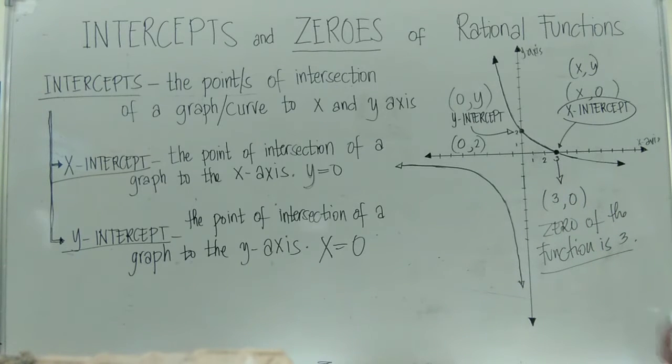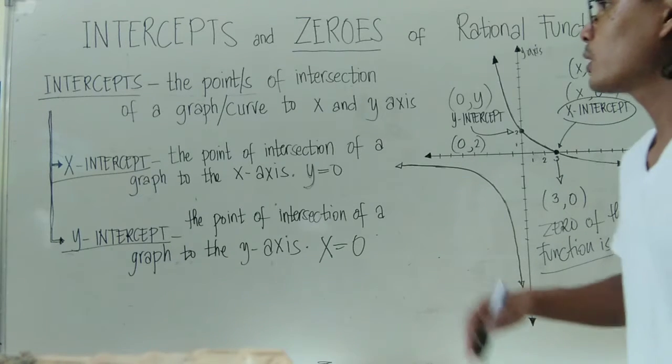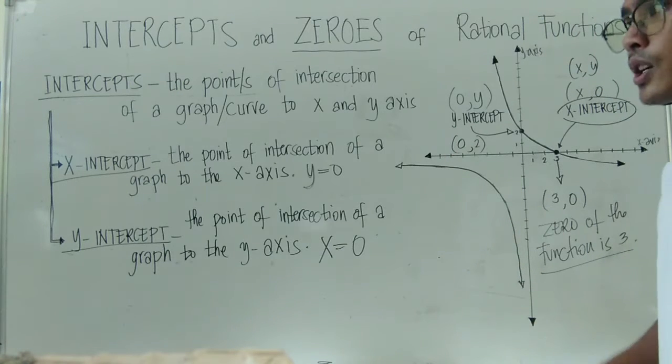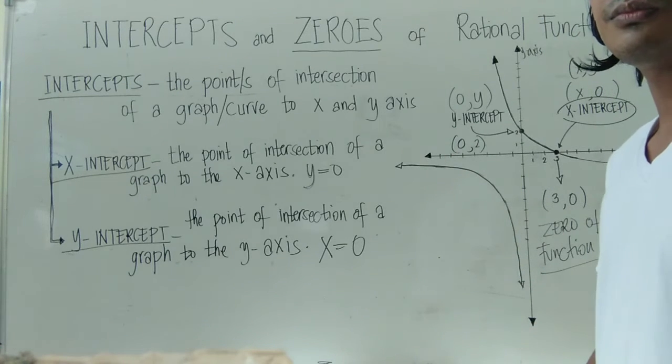I guess you can see the difference between the x-intercept and the zero of the function. In some books, zeros of the function are also known as the root of the function or the root of the equation. So let us now proceed to computing the intercepts and zeros of rational functions.